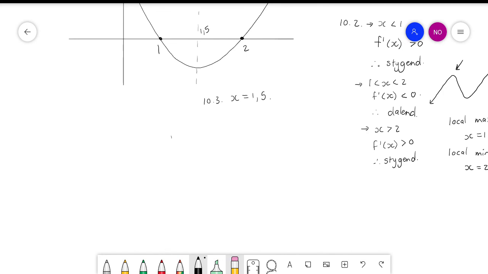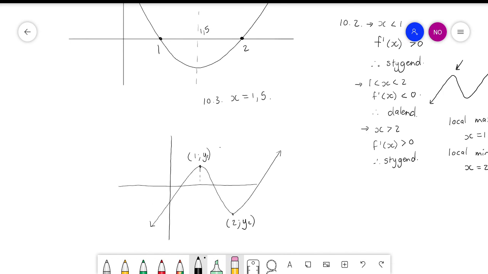You just have to draw an axis. And it has to look something like this. Or you could do that, showing that it has an x value of 1 and the x value of 2.